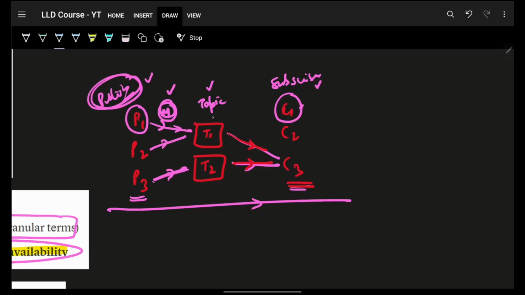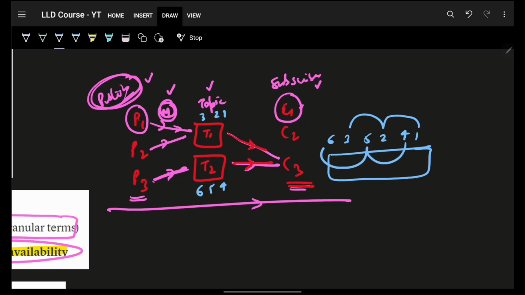If the messages here are 1, 2, 3, and here are 4, 5, 6, my only task is that in the final consumption, 1, 2, 3 should come in order and 4, 5, 6 should come in order. It doesn't matter if these come interchangeably, because they are coming from different topics altogether.